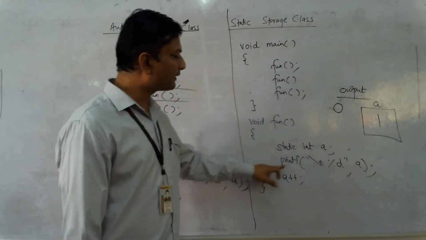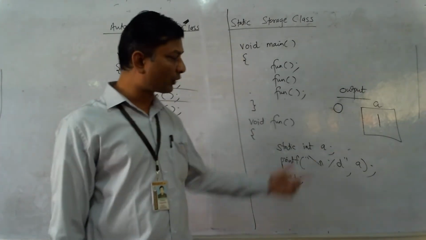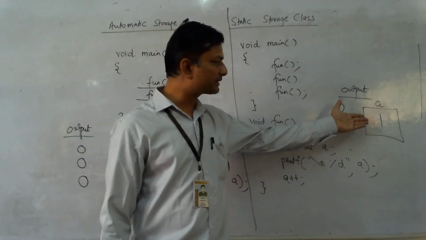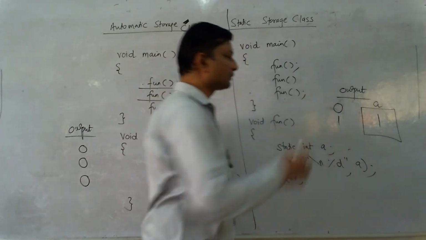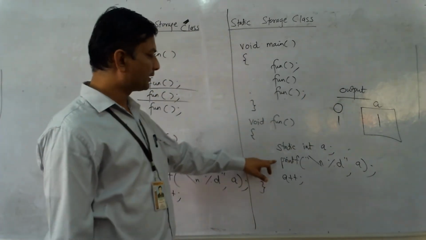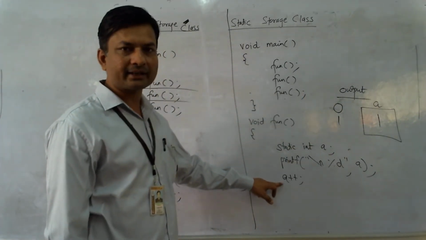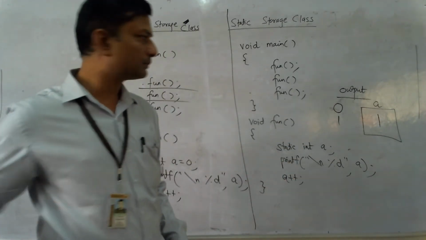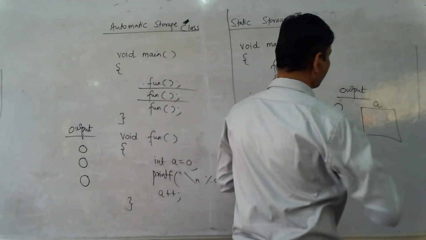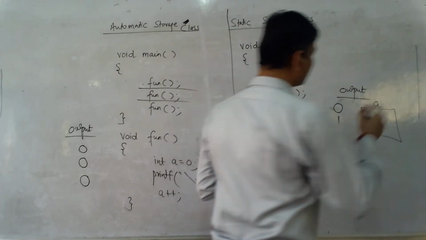In second line, value of A will be displayed. What is the value of A? As can be seen in this memory map, value of A is 1. So 1 will be displayed. In third line, value of A is increased by 1. So value of A will become 2.